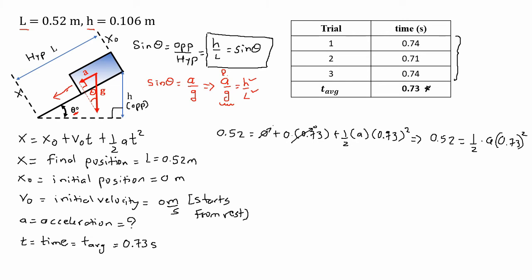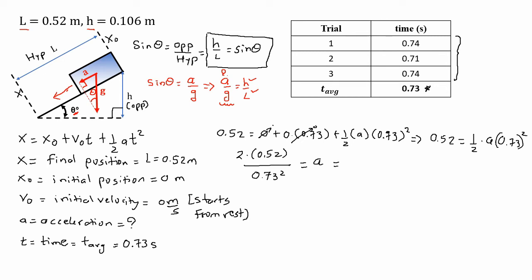Now let's take this another step with a little bit of algebra. The 2 I want to move to the left, so it becomes 2 times 0.52, and the 0.73 squared also moves, so it gets divided by 0.73 squared. That gives us A.